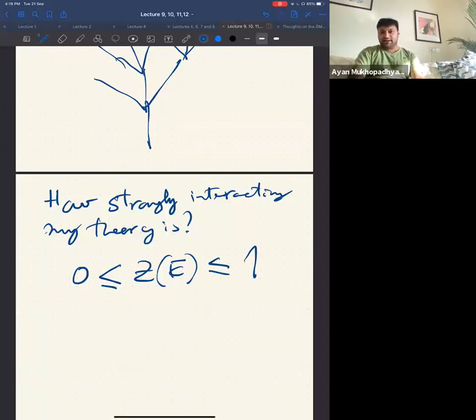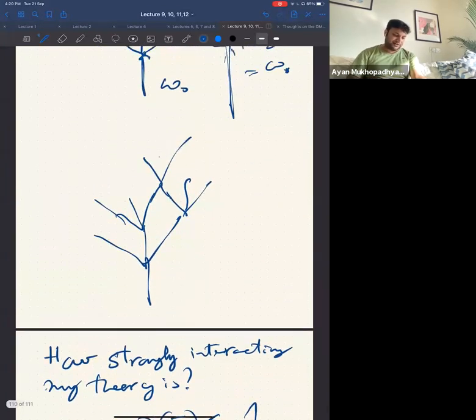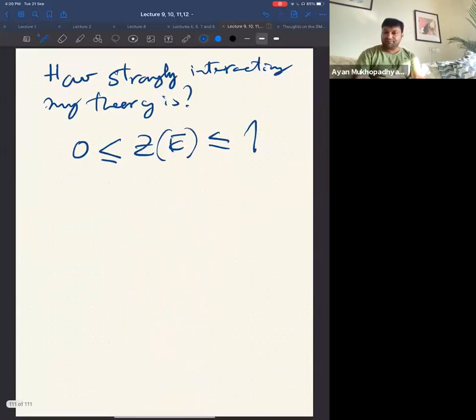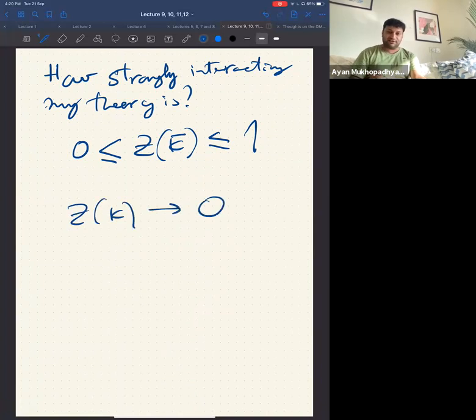It is 1 when there are no interactions, and then it should decrease from 1. But the poles have to have positive weights, right? If there are no positive weights, then I don't get back this kind of a structure. So intuitively you expect that this should be true. And when Z of k vanishes or goes close to 0, this is exactly when even the quasi-particle picture breaks down.